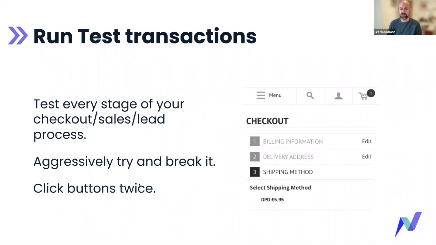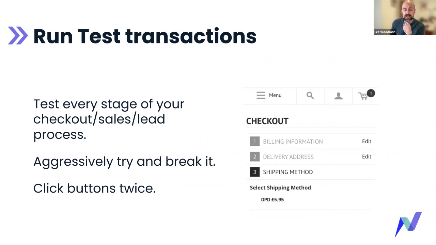Consumers will hit things twice, they'll delete stuff, re-enter things. So go in there and give it a hard time and try to break it, because consumers will break stuff. They'll do things which we just don't expect them to do. Especially if you're connecting systems.